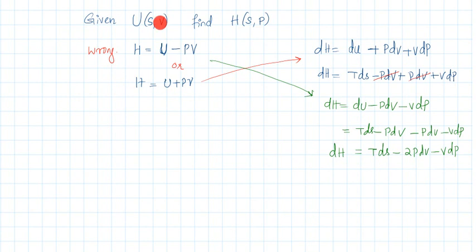The dependence on V should cancel and dH contains only dS and dP. So in order to get that, you have to put the sign correctly. So the correct transformation is H is equal to U plus PV. I think it is clear.